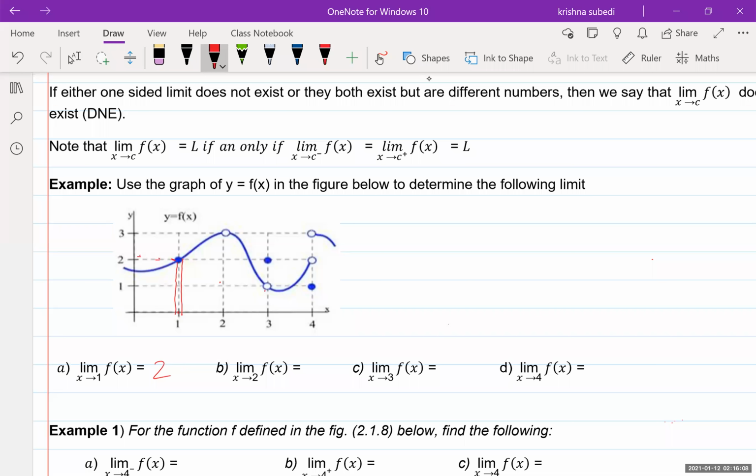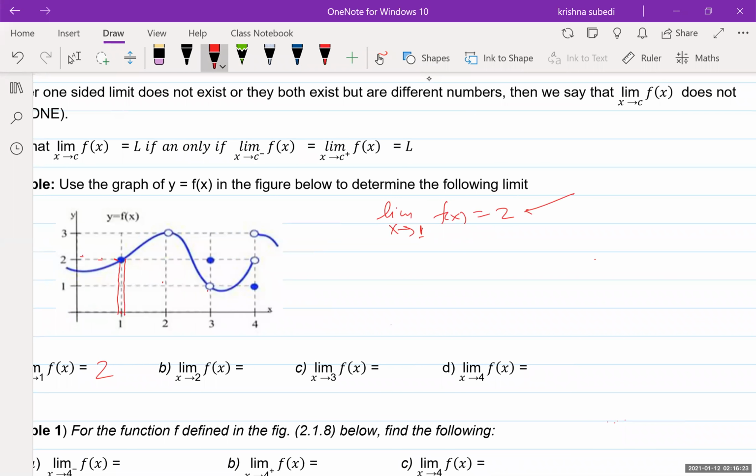What this means is, if I write limit x tends to 1 of f of x equals 2, this means two things.